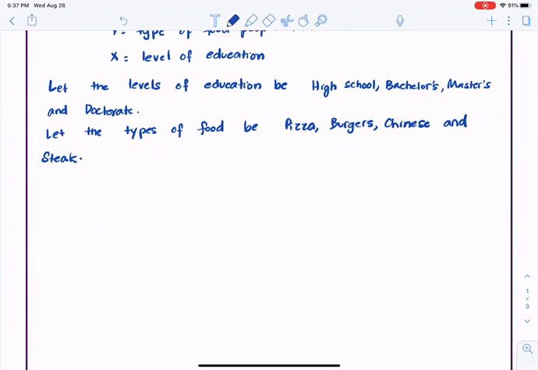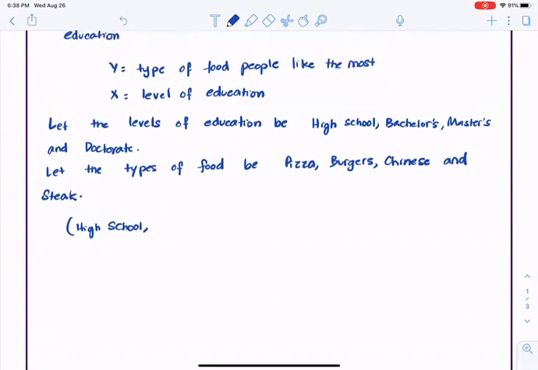So if I have to write these as ordered pairs, I would write it as high school, because it is an X value, the level of education. That's how I defined it earlier. So X is the level of education and Y is the type of food people like the most. So the X value is high school. The corresponding Y value that they like the most would be pizza.